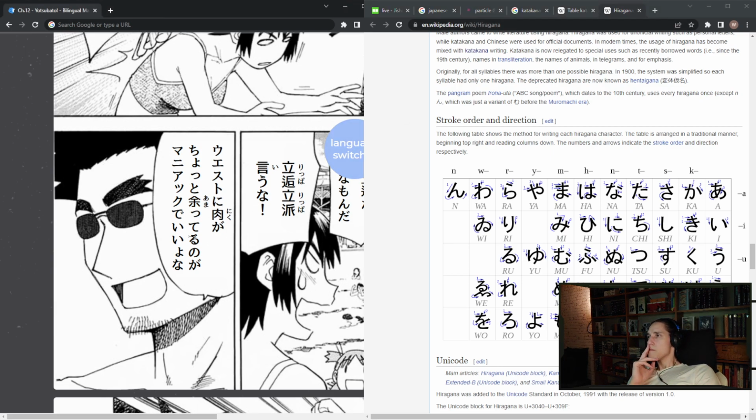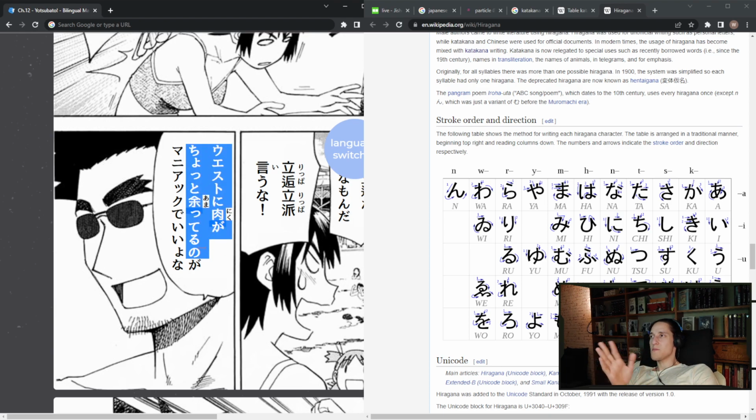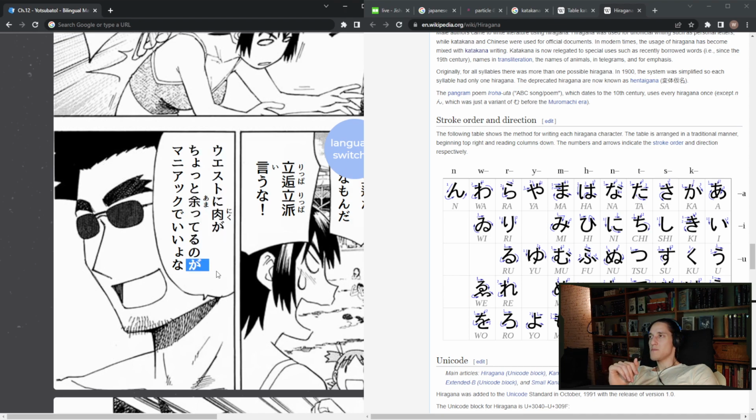So, this whole sentence is nominalized, so it's turned into a noun. It's just the name of some activity now, and it's the subject of the sentence, but not the topic, the subject. And let's translate this. Muniaku, maniac, muniaku de iyo.